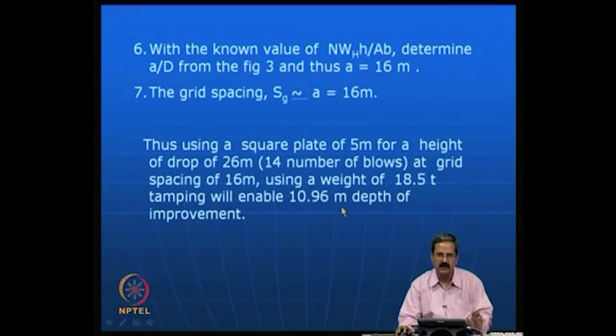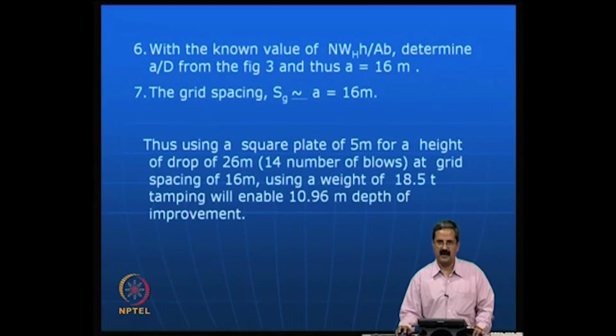Using these two figures, you are able to design in some sense. With a known weight and height of drop, you will know what exactly are the variables involved. In fact, if you want to go for higher depth, you can increase the height of fall.